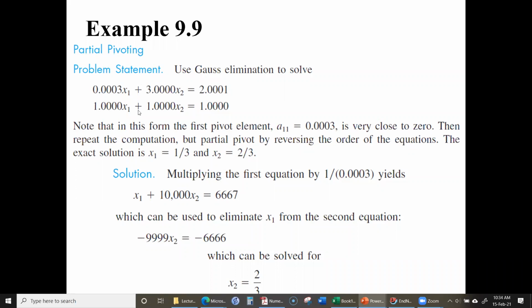So you see that for this system of equations, the exact solution for x1 is 1/3 and for x2 is 2/3. These are the exact solutions, but in fraction form, not decimal form.